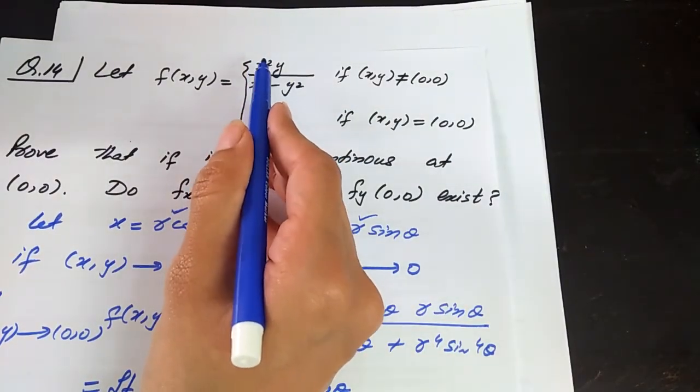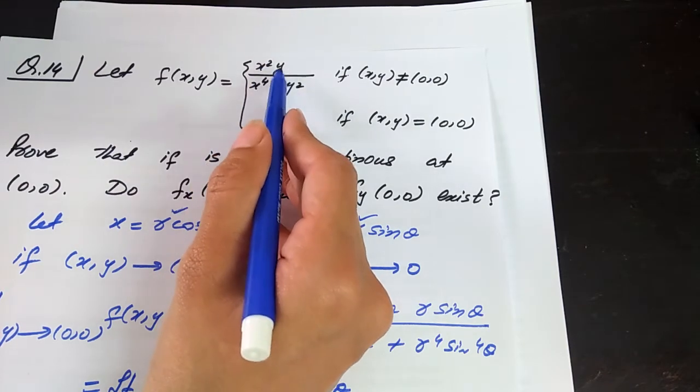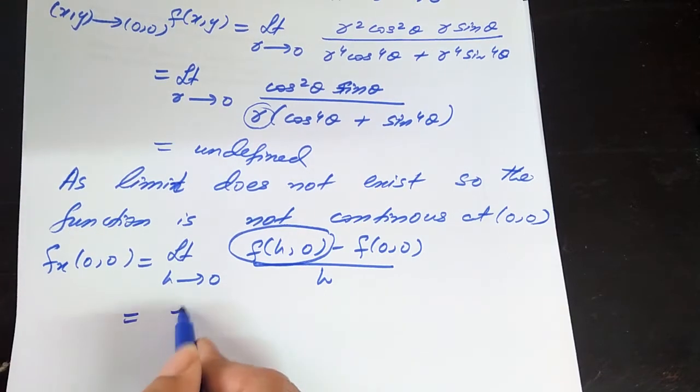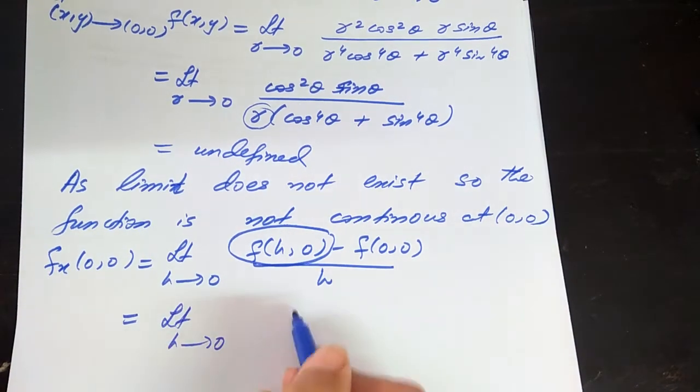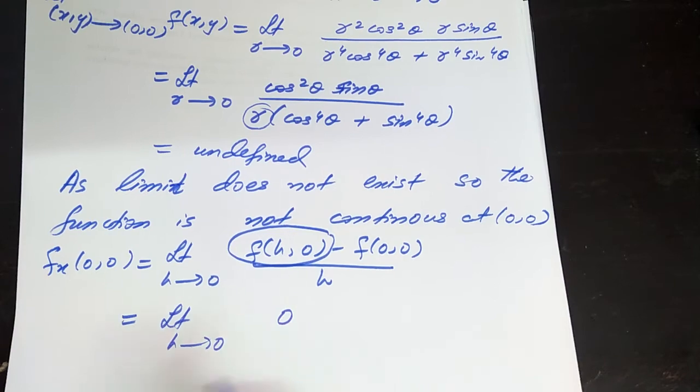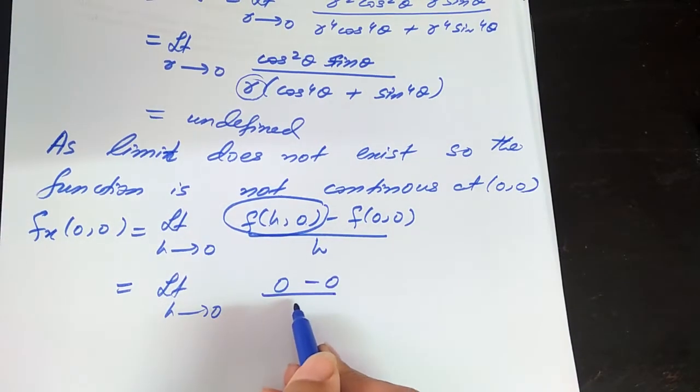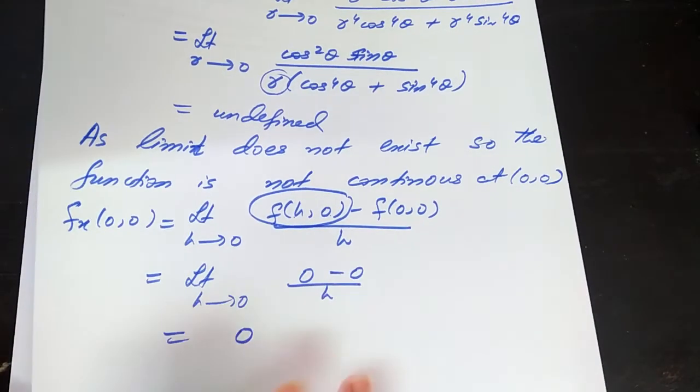In place of x, h, and in place of y, 0, and get the value from here. I will get here limit h approaches to 0, 0 here, after putting these coordinates in this function, minus 0 divided by h, that is equal to 0.